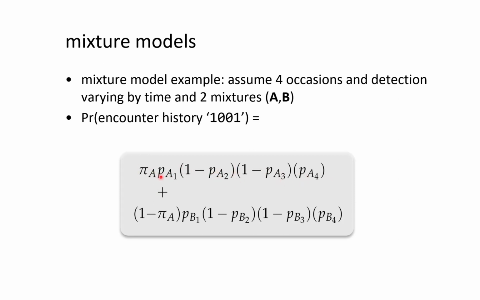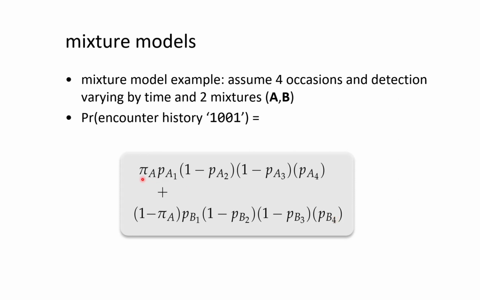So if you simply look at the probability part of the expression, the encounter probability, that's normal. The only thing that's new is that in front of it is this probability pi that you're actually in that mixture group. Or, and remember, or is plus in probabilities, you're in the other group, in B, so that's 1 minus pi, and then there are the probability expressions corresponding to B.